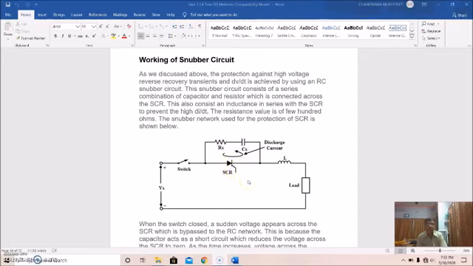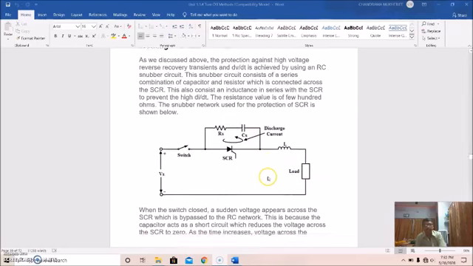There is also an inductance in series with the SCR to prevent high DIGT. This resistance value is definitely a few hundred ohms. The snubber circuit used for this protection is shown in this circuit. This is the snubber circuit. This is the inductor for arresting DIGT.